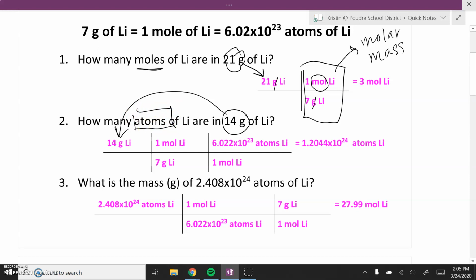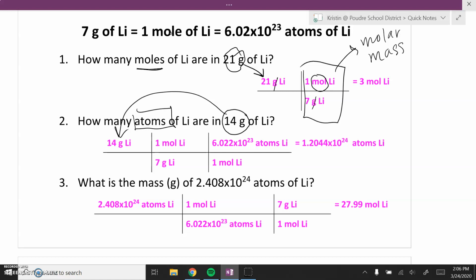And for me, I think it's really important to go through the mole to get there. And so since that mole is really in the middle of my conversion factor, I'm just going to go grams to moles and then moles to atoms because they're really individual relationships.